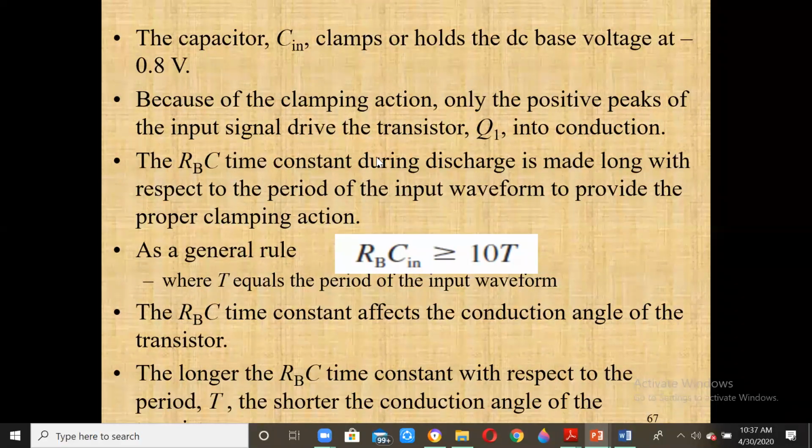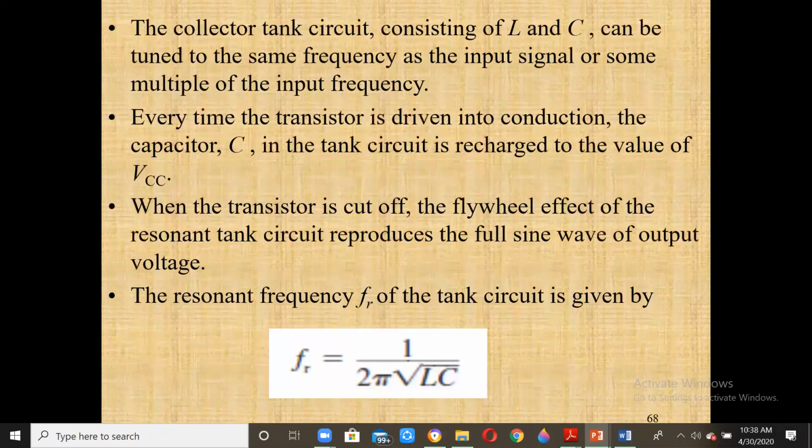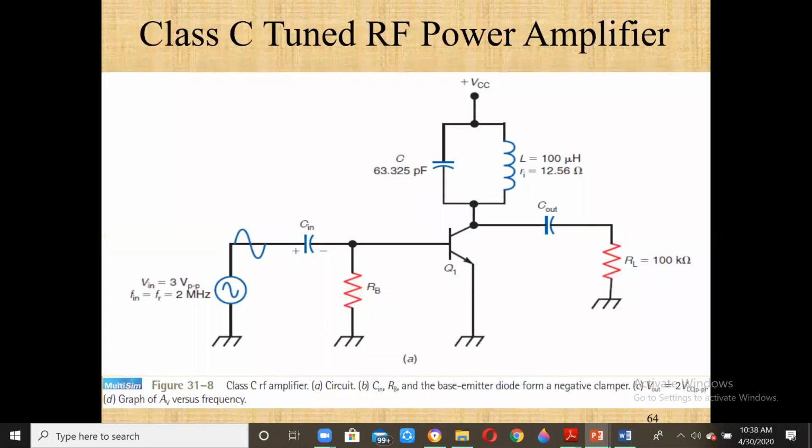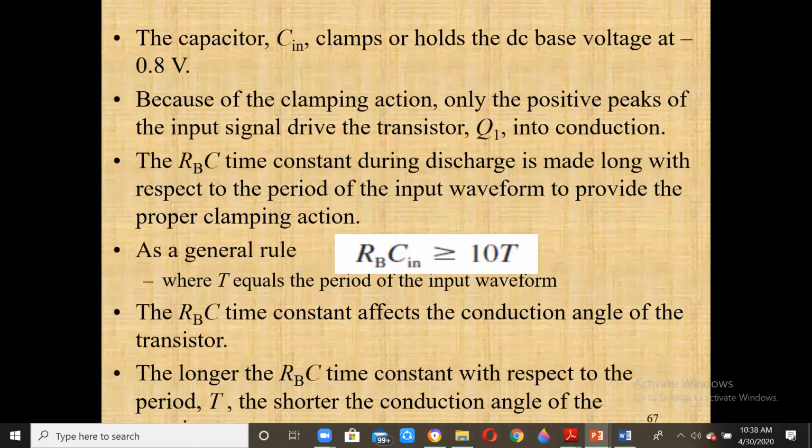The RB Cin time constant, the base resistor RB times Cin, which is there in this circuit, is the time constant during discharge, and it is made long with respect to the period of the input waveform to provide the proper clamping action.